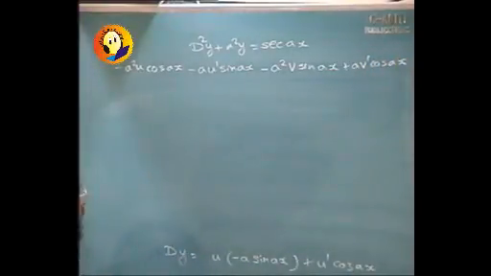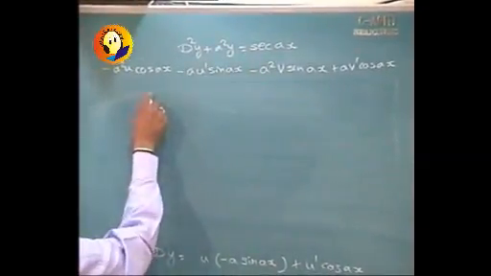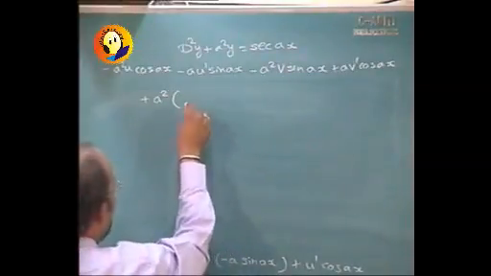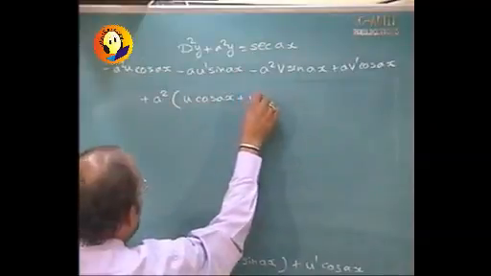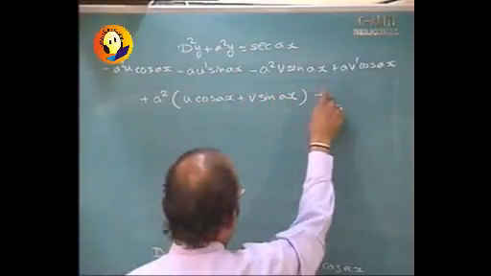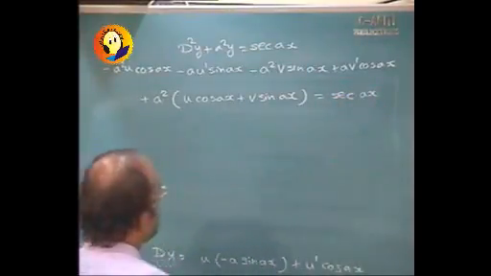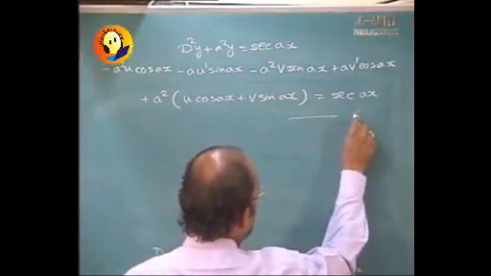This is what we have substituted for d square y, plus a square into bracket y, that we have assumed was u cos ax plus v sin ax, that was through equation 1, equal to right hand side sec ax. And this is going to be our equation number 6.